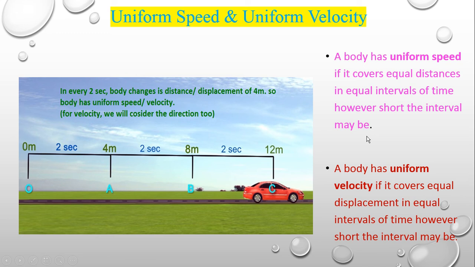So to clear that concept of uniform speed and uniform velocity, look at this figure. Here's a car. This car starts moving from point A at 0 meter, means here distance is 0 meter. This is the initial point.